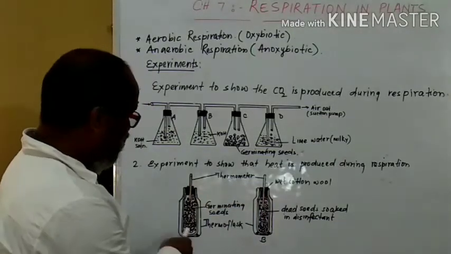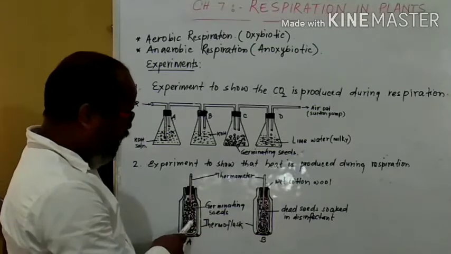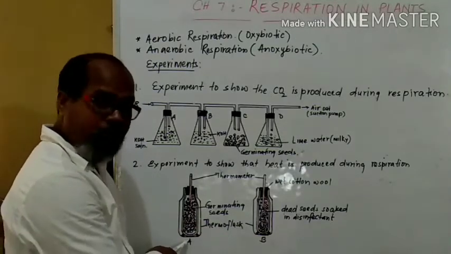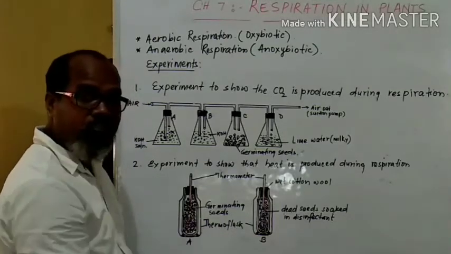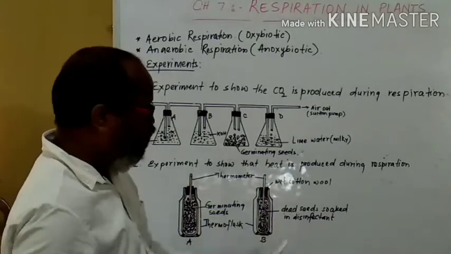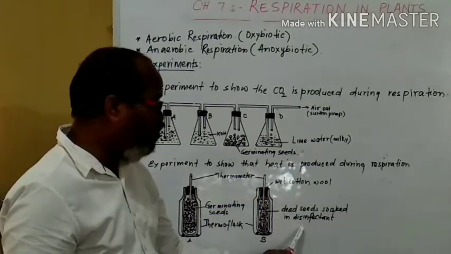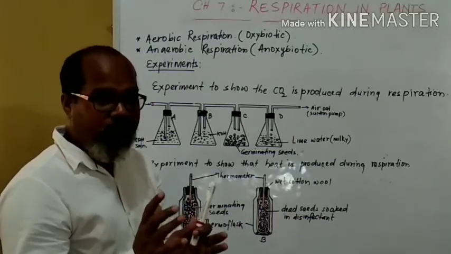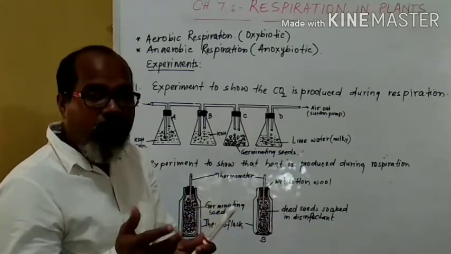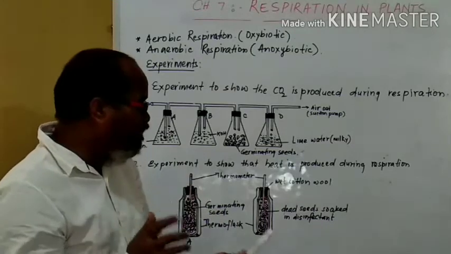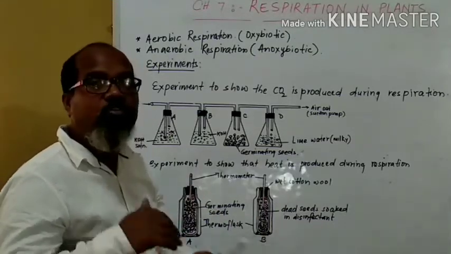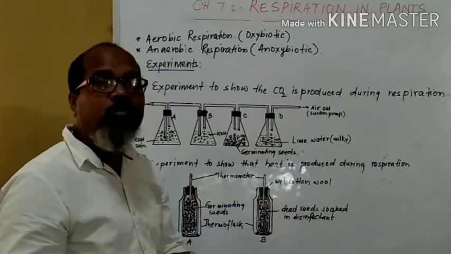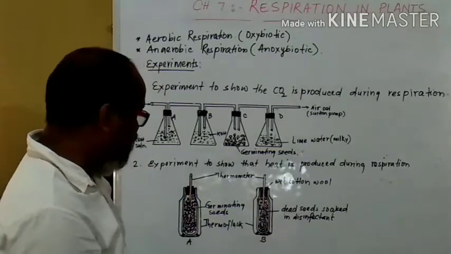Inside these thermos flasks we have seeds. In flask A we have germinating living seeds. In flask B we have dead seeds which are soaked in disinfectant. A disinfectant is, in common language, a medicine. It is a solution which does not allow the dead seeds to rot, and so we have kept them there.